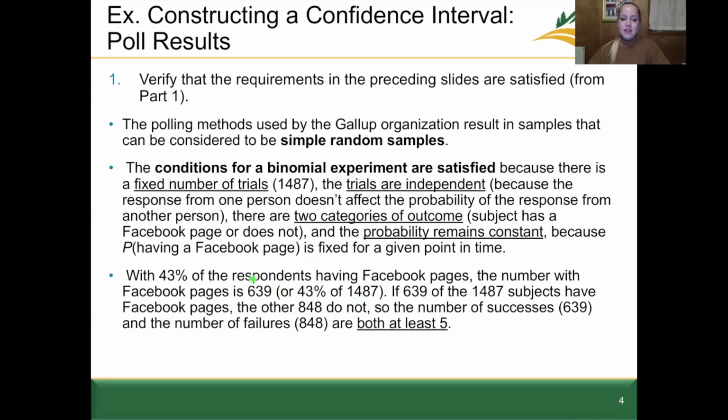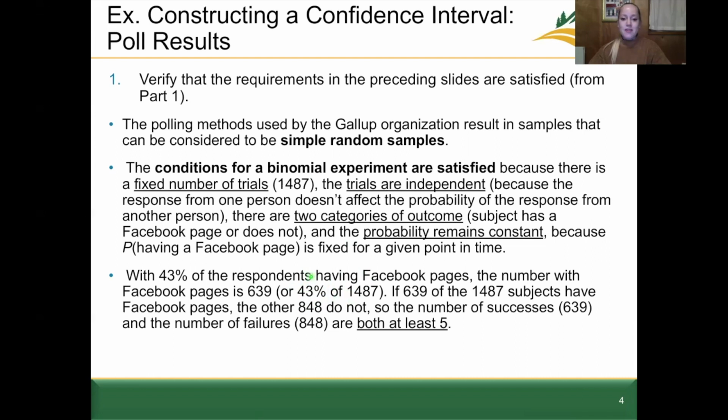So 639 is the number of successes. That's definitely greater than 5. Then if we know this percentage, the other percentage, because there are only 2 categories, must be the adults that don't have a Facebook page. So we can take 100% minus 43%, and we get 57%. We could take 57% of this total number of adults, or 0.57 times this number.